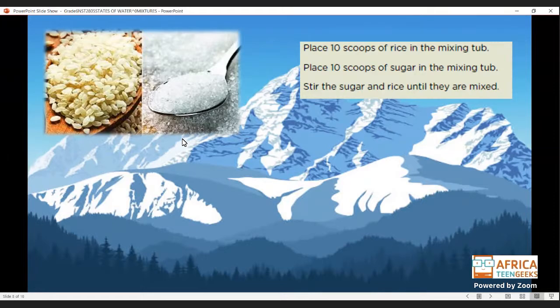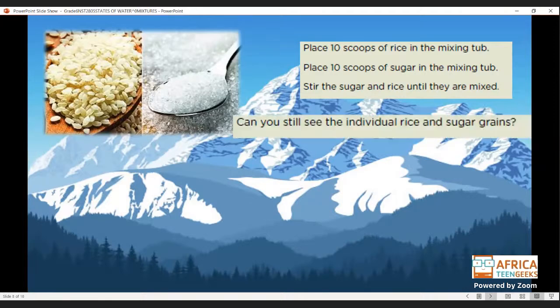So you mix them together. Now, can you still see the rice and the sugar grains? Okay, so some say yes, some say no.